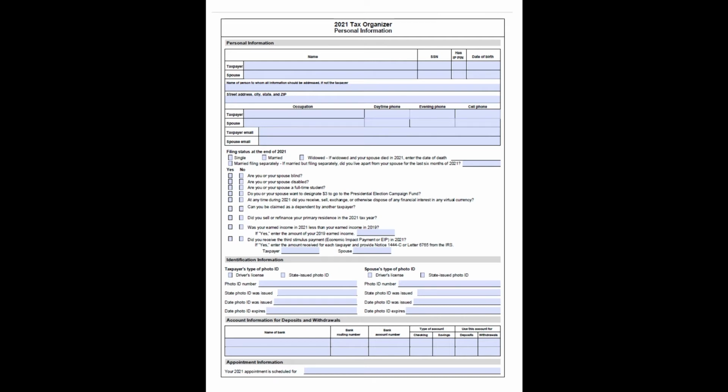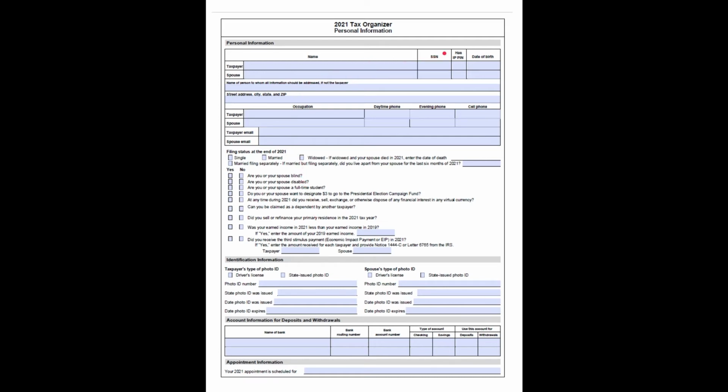Well, honestly, it really doesn't matter. What matters is that you remain consistent in who you list as the taxpayer and the spouse year to year, because IRS does match up that information. If you switch it up, it can take a little bit longer to process your return since they have to reconcile some things and change that around.